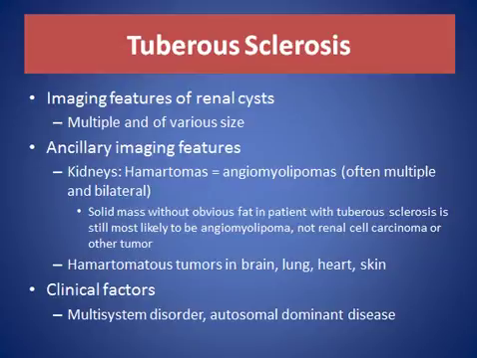A solid mass without obvious fat in a patient with tuberous sclerosis is still most likely to be angiomyolipoma, not renal cell carcinoma or other tumor. Hamartomatous tumors in the brain, lung, heart, and skin are also associated. Clinical factor: multi-system disorder, and it is an autosomal dominant disease.